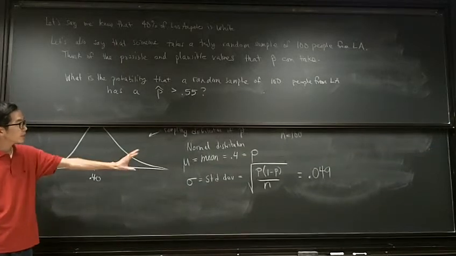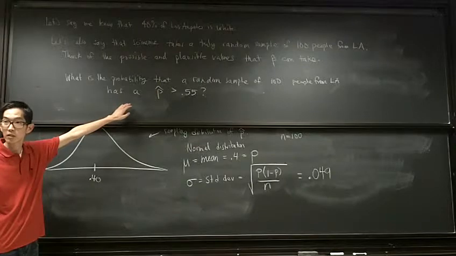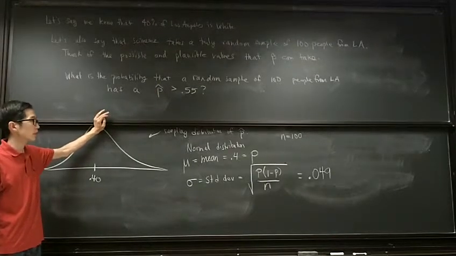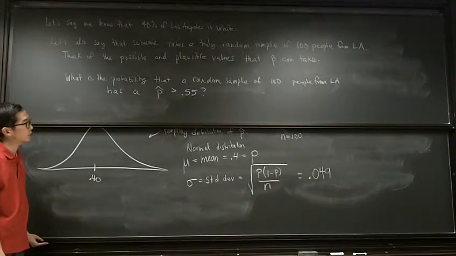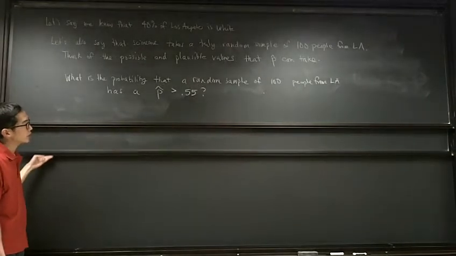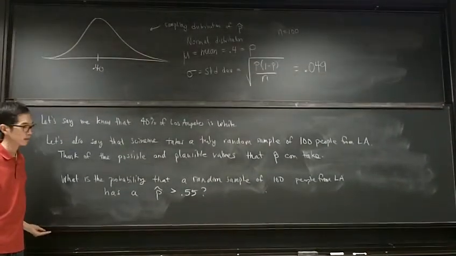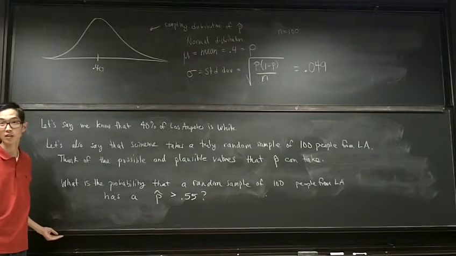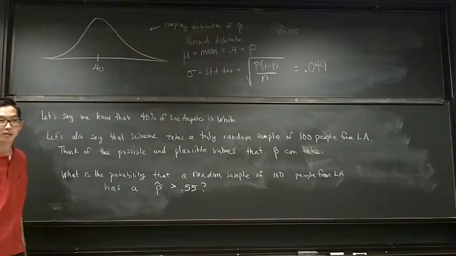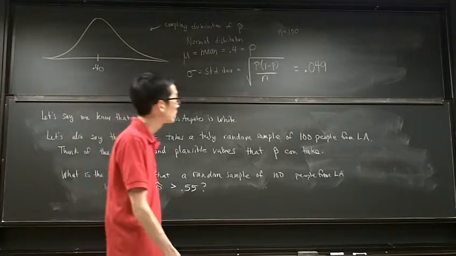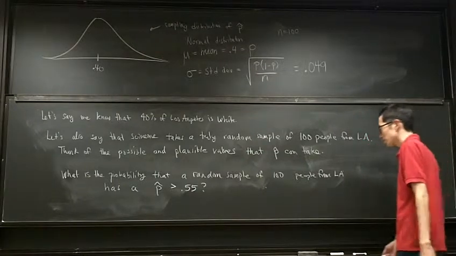Okay, so now that I have these pieces of information, can I answer this? Try to answer the original question: what is the probability that a random sample of 100 people from LA has a p-hat greater than 0.55? Would you do 1 minus that, since before we would always find what was less than the mean?